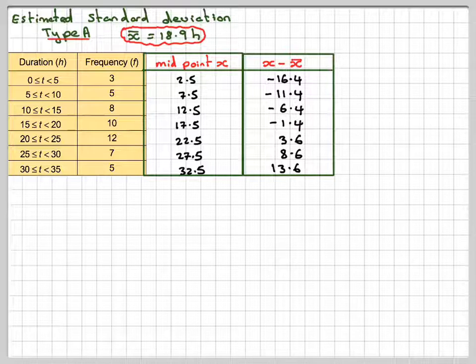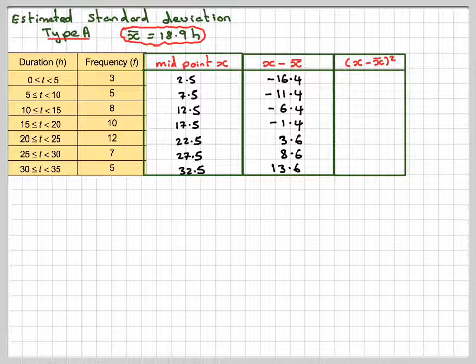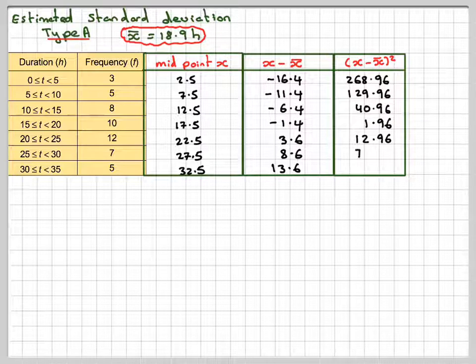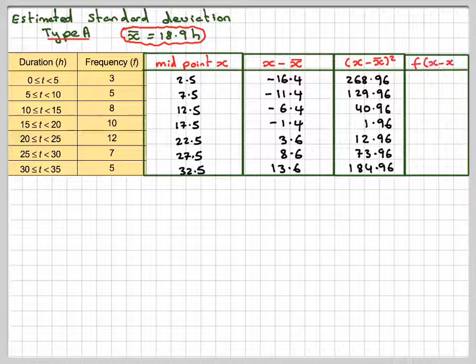Now, because some are negative and some are positive, we can't really take the average of that, so we need to square them. So squaring each one of these, 268.96 is 16.4 squared, to make them positive. Now, because this one occurs 3 times, because the frequency is 3, we need to multiply it by 3.